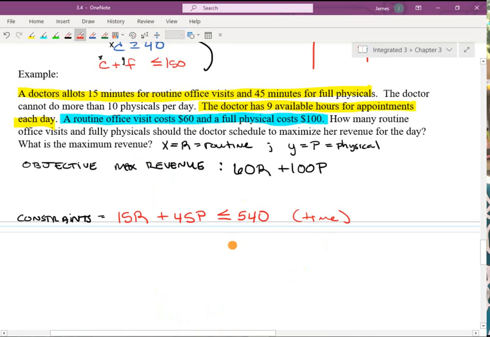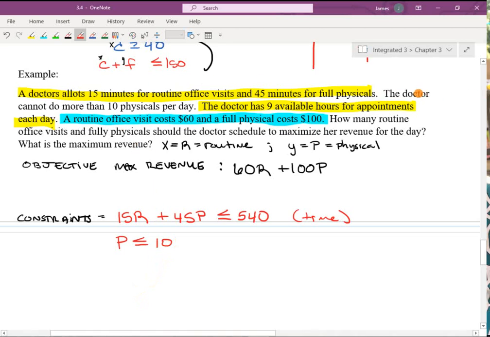Okay? It says I cannot do more than 10 physicals per day. So would you guys agree that physicals has to be less than or equal to 10? Okay. Does it give me any requirements on how many routine physicals I can give?